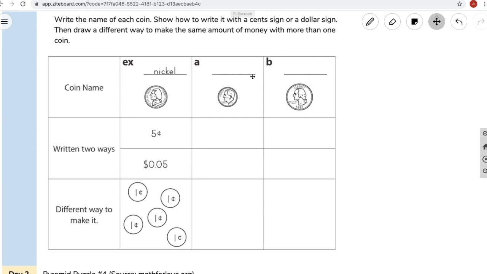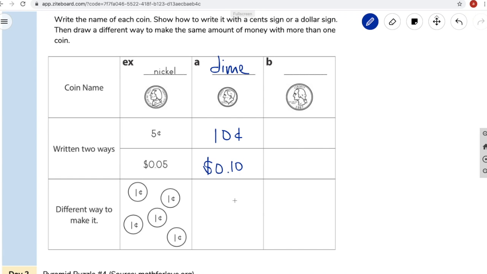So I'm going to do the dime with you. So we all know this is a dime. All right. And a dime is worth 10 cents, right? And then the other way to write it is with a dollar sign, 0 because we don't have any dollars, and then 10.